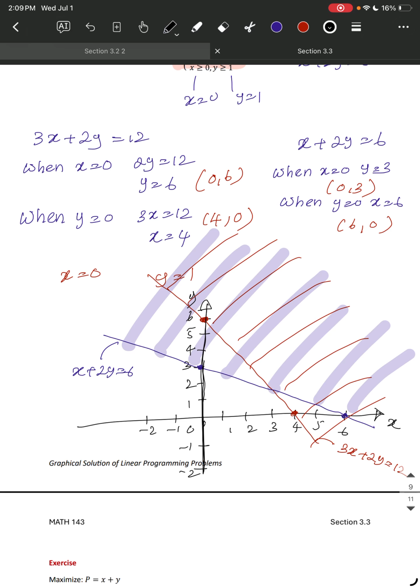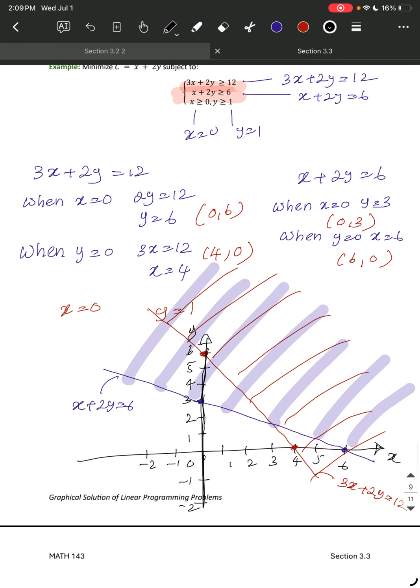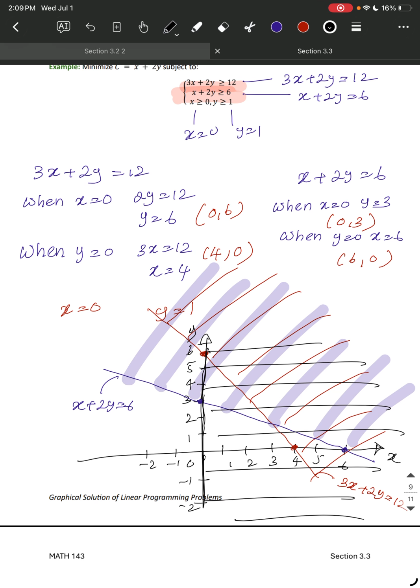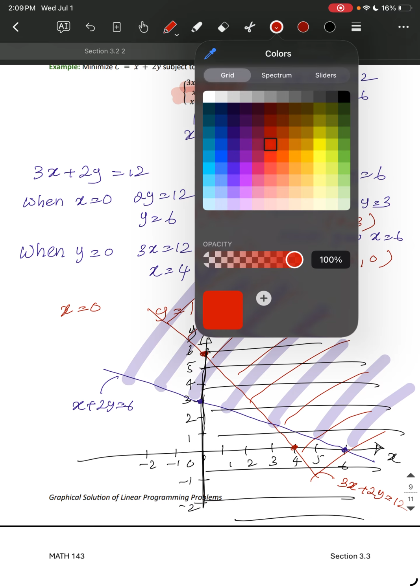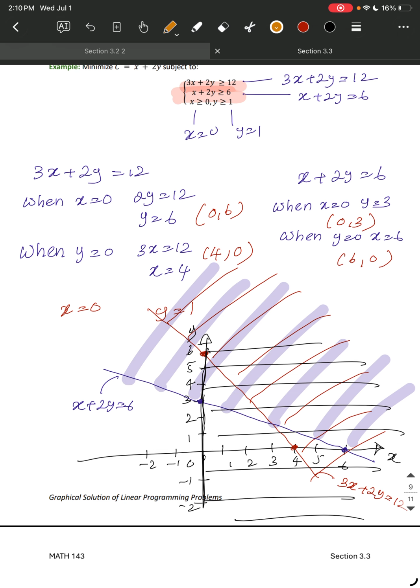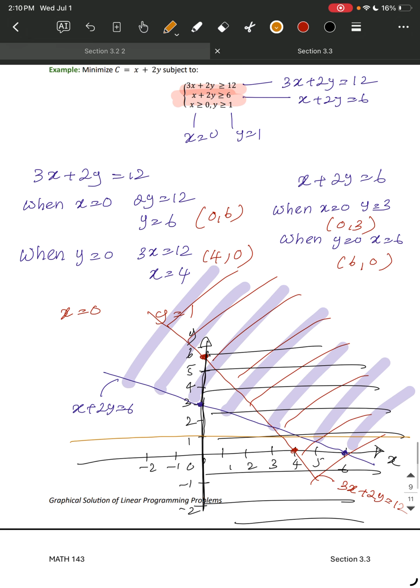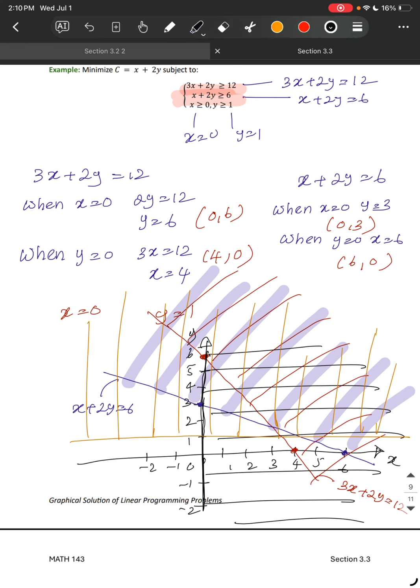And x greater than 0, that way. Right? And y equals 1, so we should draw the y equals 1. Let's use this. So y equals 1, that is this. And y greater than 1 means above the y equals 1 line.